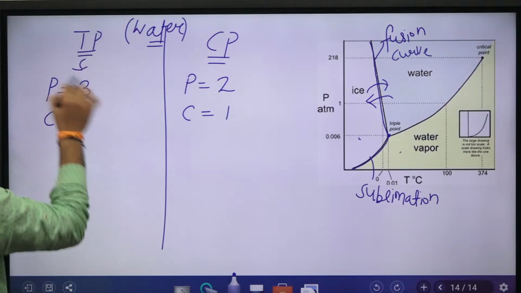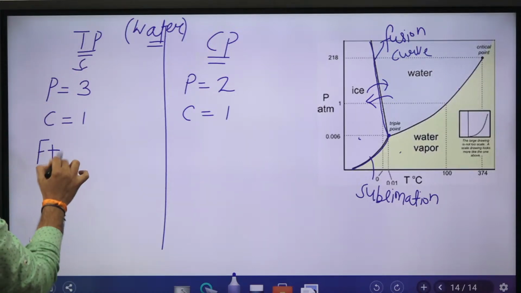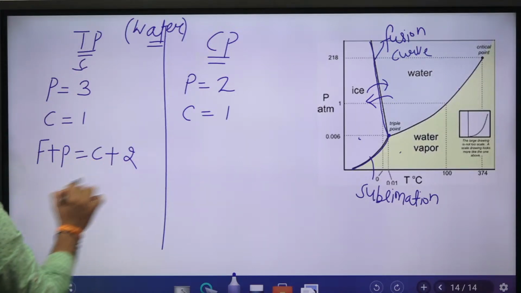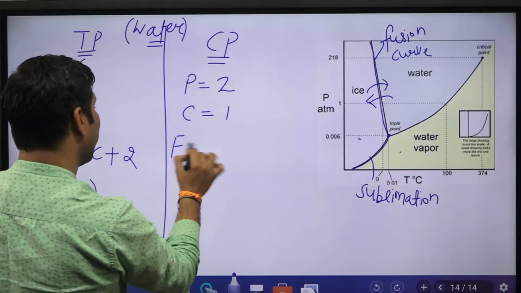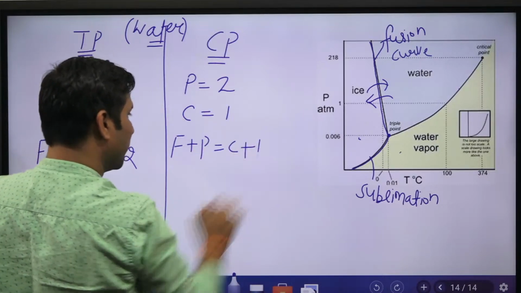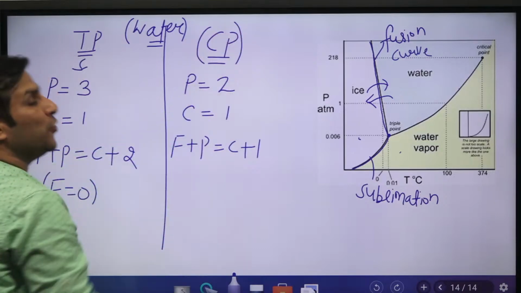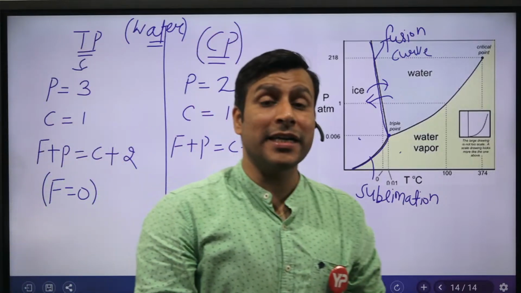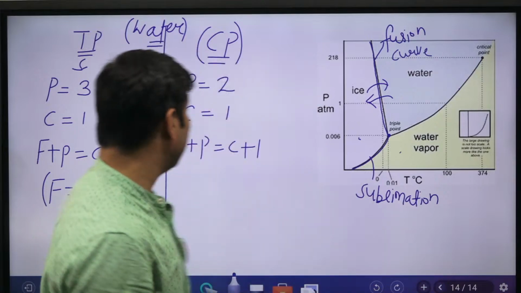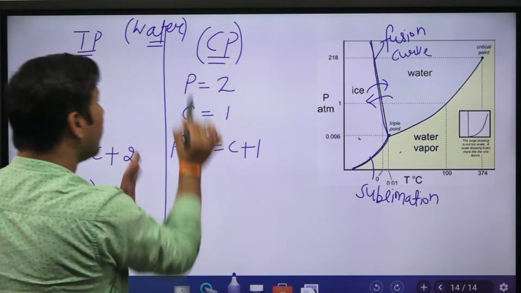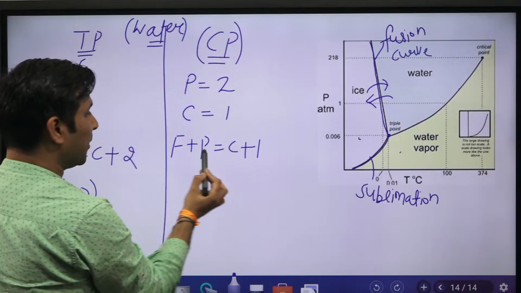So here if you use the Gibbs phase rule, F plus P equal to C plus 2, F will come out to 0. Here also if you use F plus P equal to C plus 1, this is actually at the critical point where you cannot effectively define the DOF. Some people represent the DOF for the critical point with the expression F plus P equal to C plus 1.